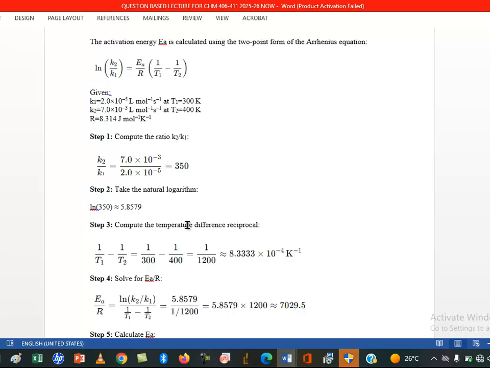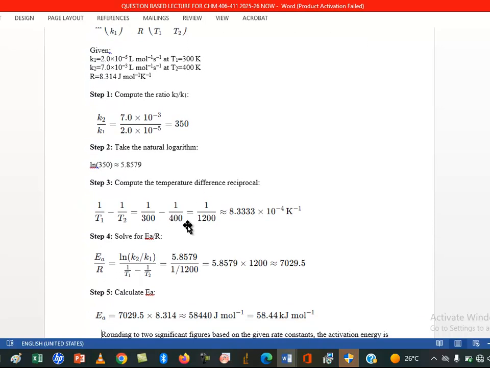So you've gotten the value for that. Now you can get the value for what is in this bracket here. So that is 1 over T1 minus 1 over T2. That's 1 over 300 minus 1 over 400, and then you get 1 over 1200, which is equal to 8.333 times 10 power minus 4 per Kelvin.